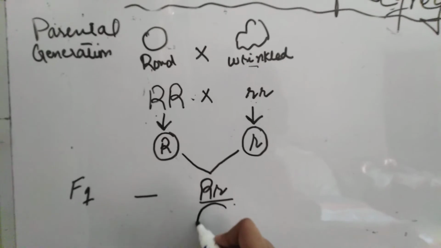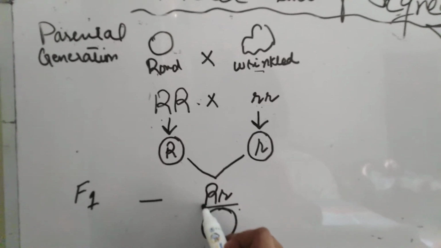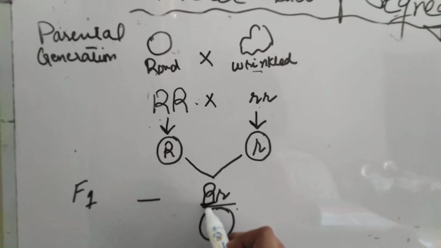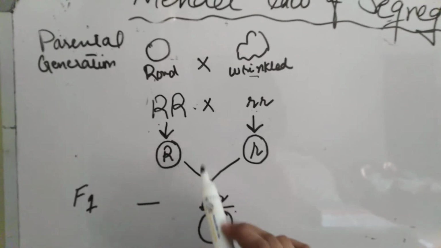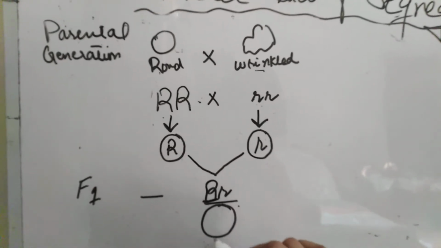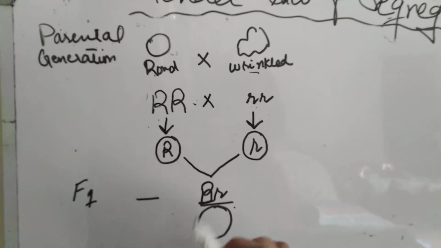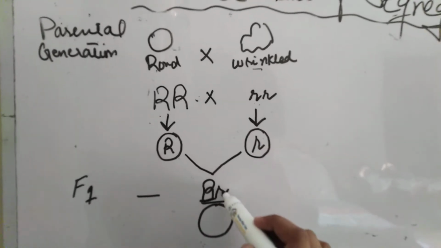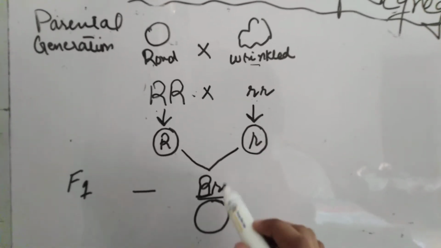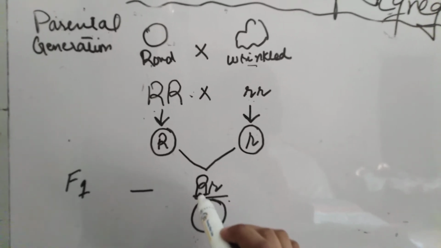It must be round, because it has one dominant allele present in it, and dominant will show its characteristics. Recessive will not show its characteristics. This means F1 is round, but it has characteristics of wrinkled, which are suppressed or masked by the presence of capital R, which is dominant.